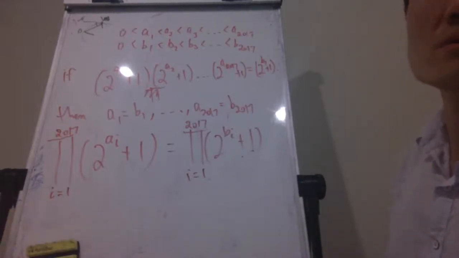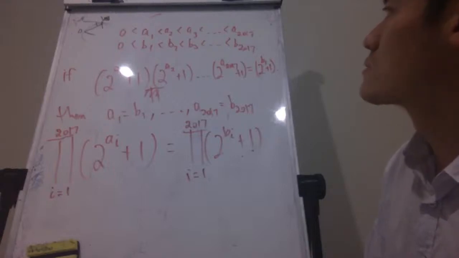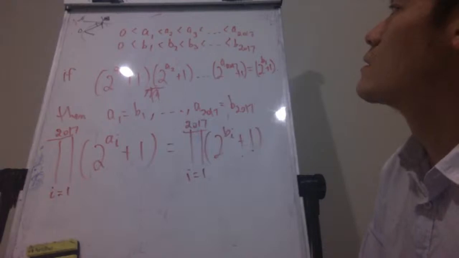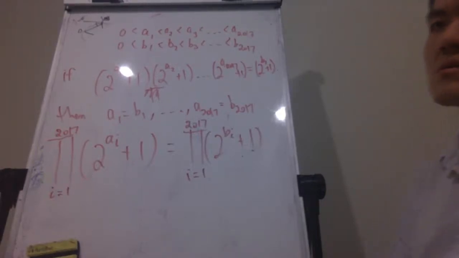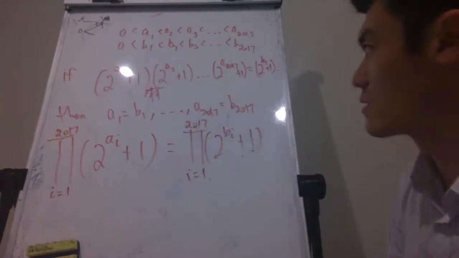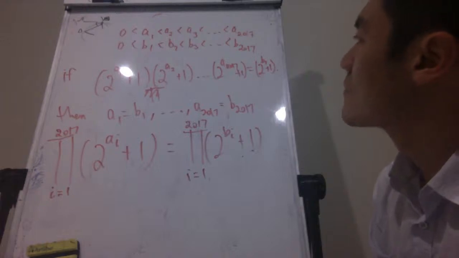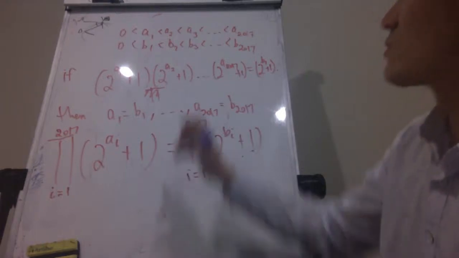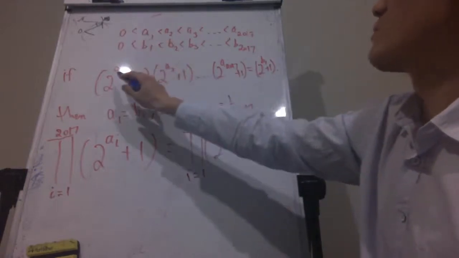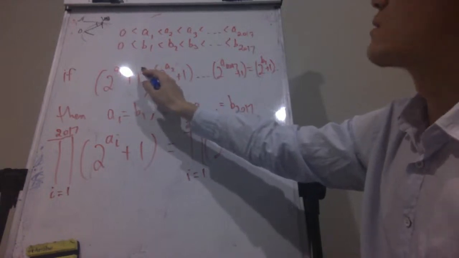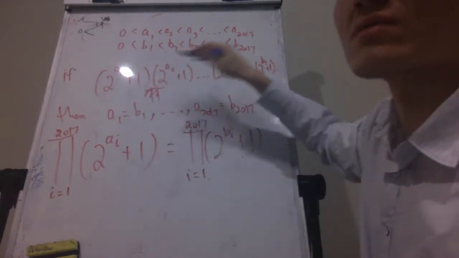Did you get any progress on this one? Haven't tried it? Maybe we can do it 2 minutes at a time. You have a try and see what a first step might be. So we're trying to show that if you have 2017 different powers of 2 plus 1 multiplied together and they're equal, then the powers have to be the same.